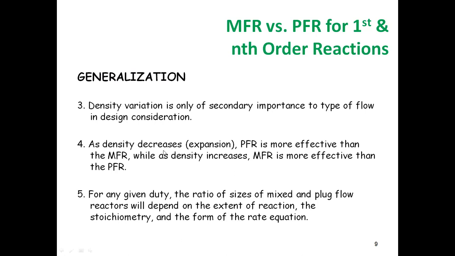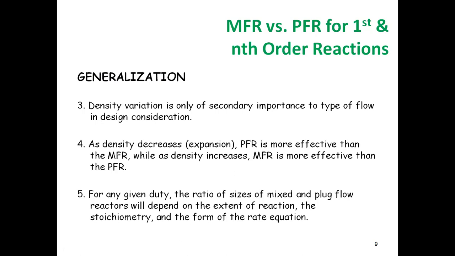Now, as density decreases, in the case of expansion, take note of this, the PFR is more effective than the MFR. So, as epsilon A is near 0, in the case of expansion, PFR is more effective than an MFR. While as density increases, MFR is more effective than the PFR. Okay, this is when we look into density already.